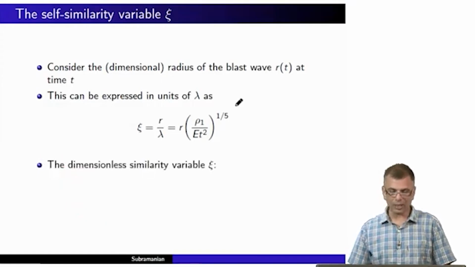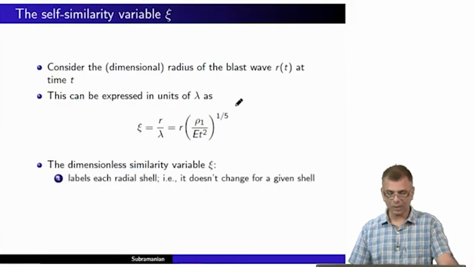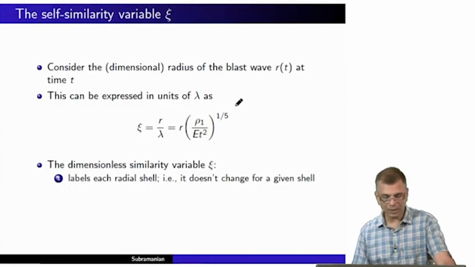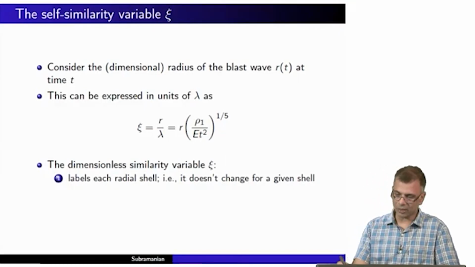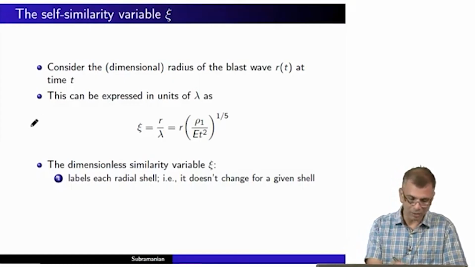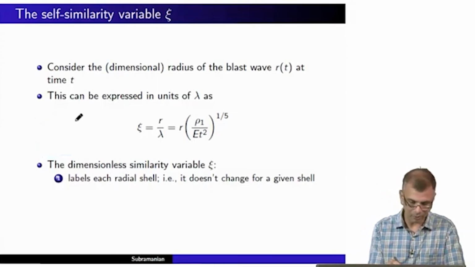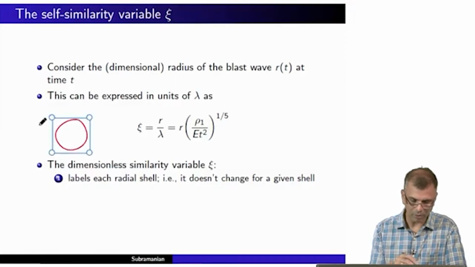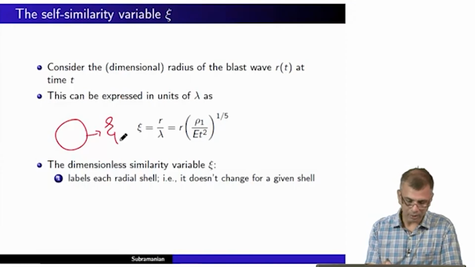So, the dimensionless similarity variable psi labels each radial shell. Each shell is labeled by some psi, say psi 1.